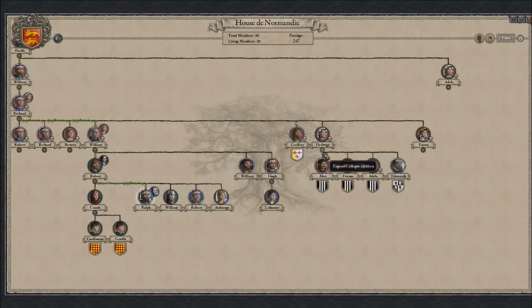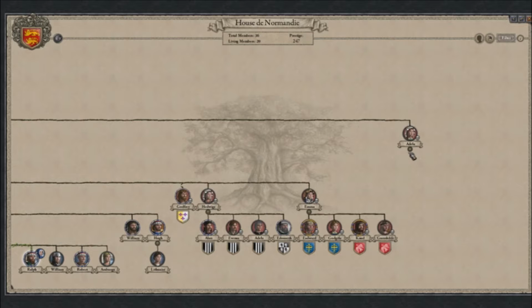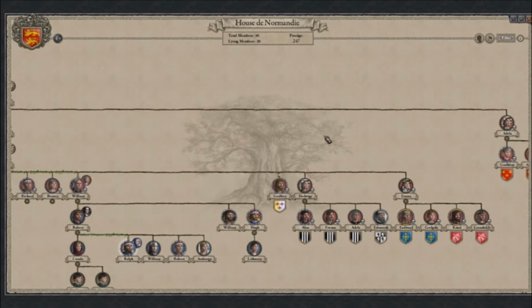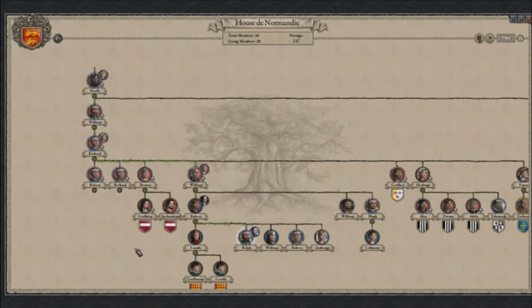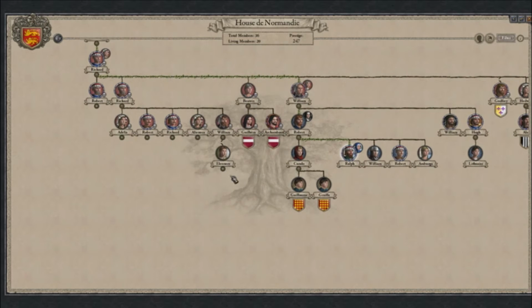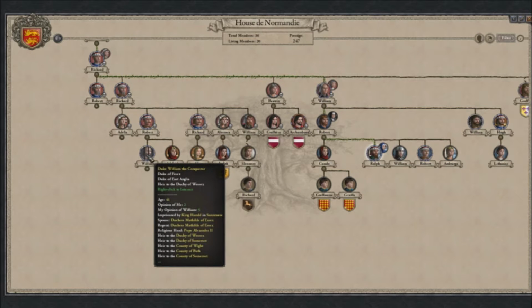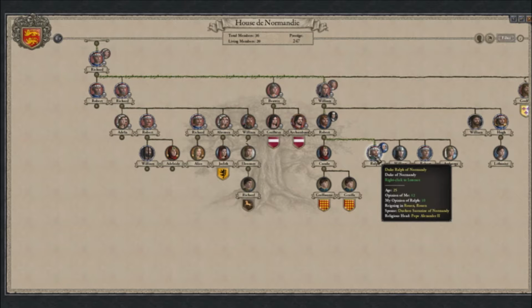Now, I need to find William the Conqueror on here. That's William de Normandy, Eleanor, Richard, Judith, Alice, William de Normandy right here, and Ralph here.